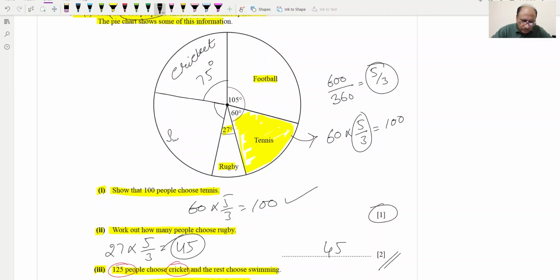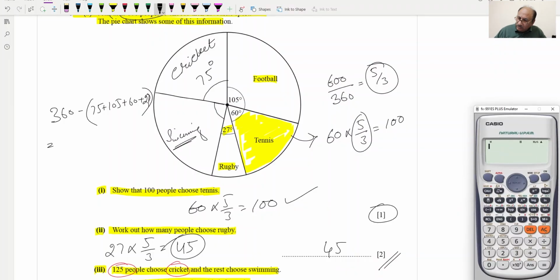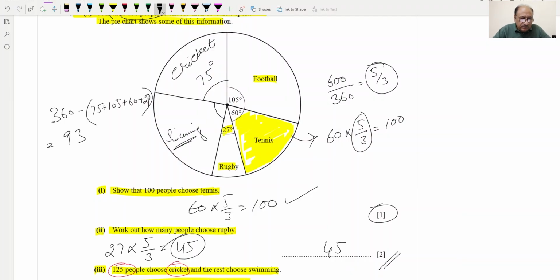So the rest will be how much, that we will calculate. That is for the swimming portion. This is the swimming portion, and this will be 360 minus, we have to add all: 75 plus 105 plus 60 plus 27. 360 minus, in brackets, 75 plus 105 plus 60 plus 27 bracket close, and this will be equal to 93 degrees.